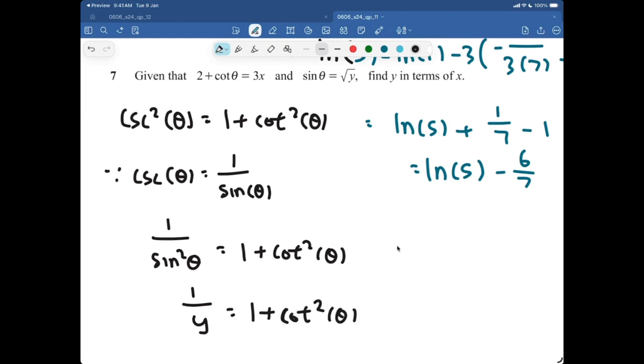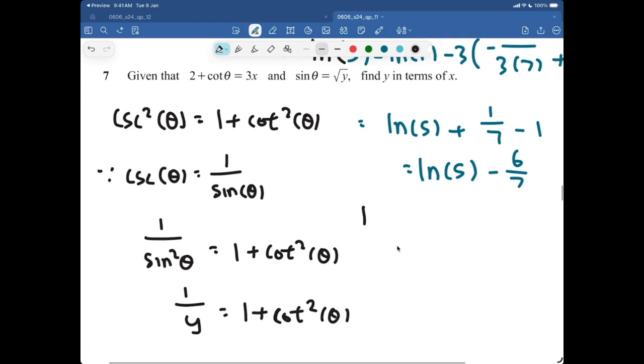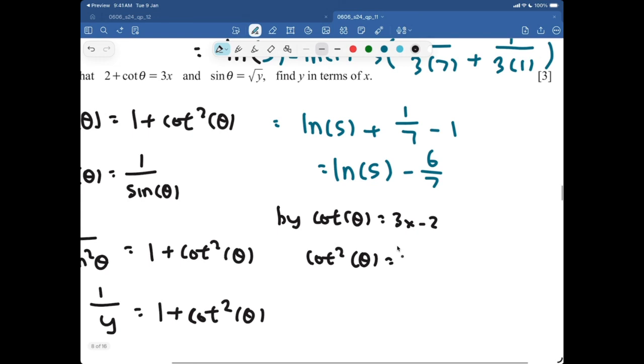By the first equation, cotangent theta equals 3x minus 2. Cotangent squared theta equals (3x minus 2) all squared, which equals 9x squared minus 12x plus 4.